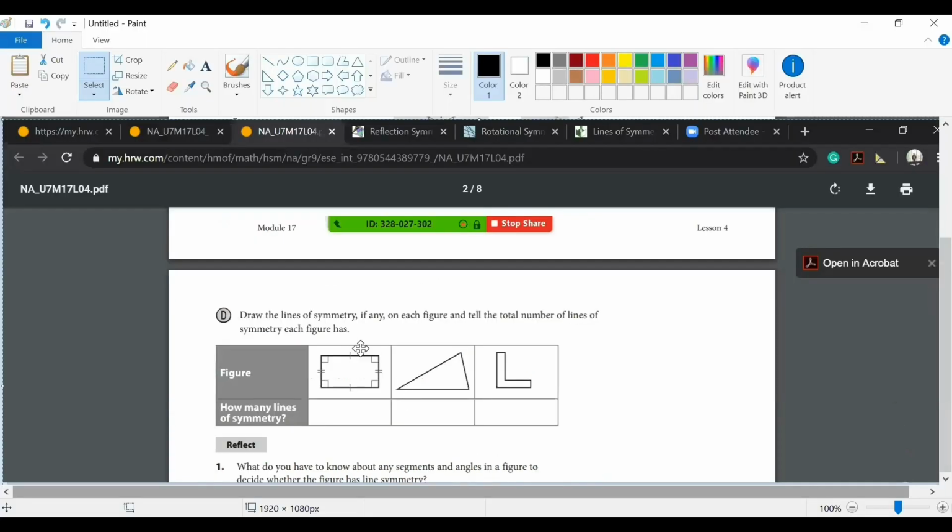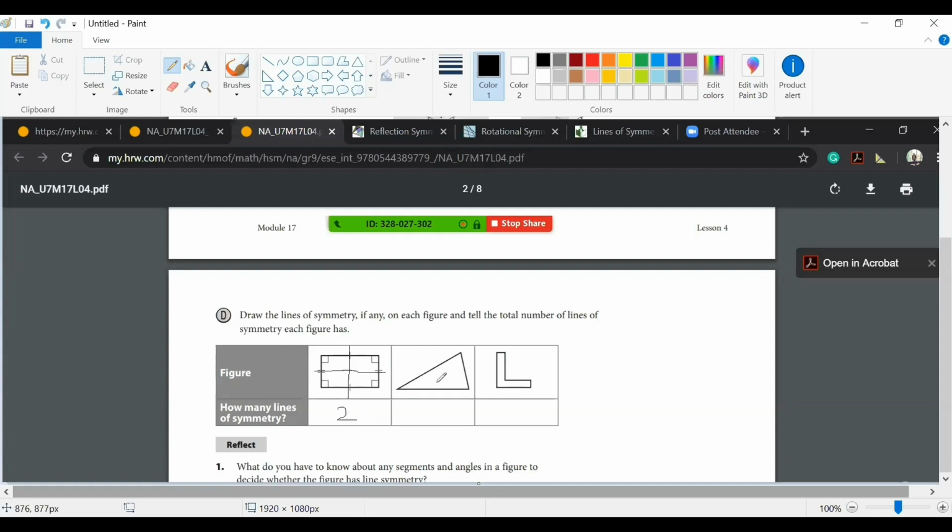For the first one, the rectangle, we already did it. How many? We have 2, right? Let's draw them together. We will have one exactly in here, in between. Please, girls, use a ruler. We have one in here and one in there. So here we have 2.